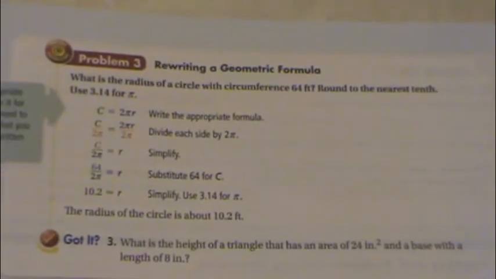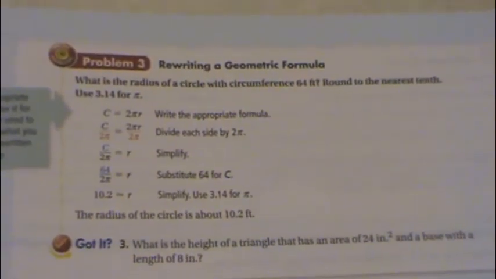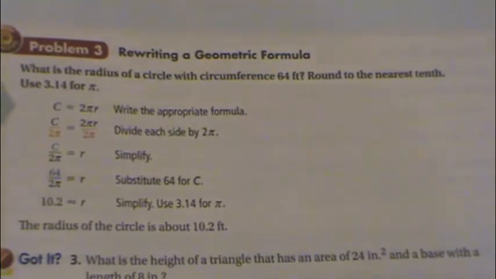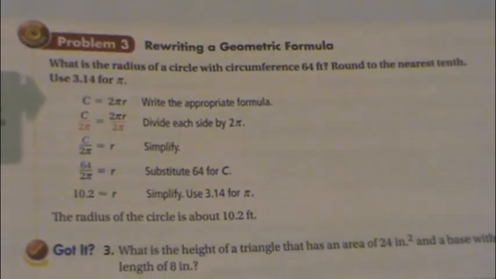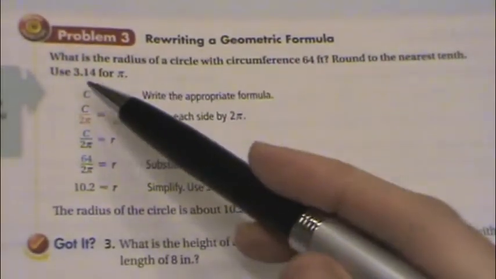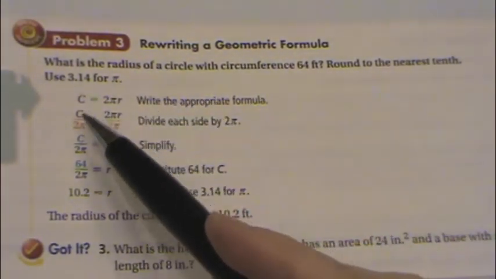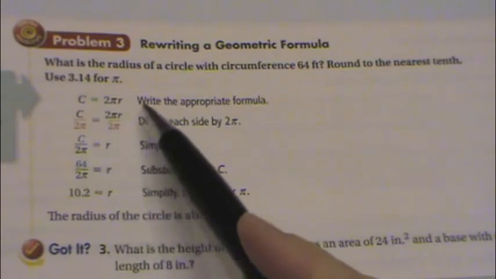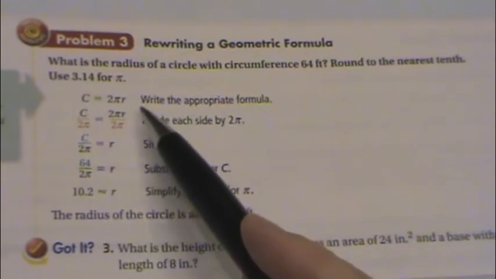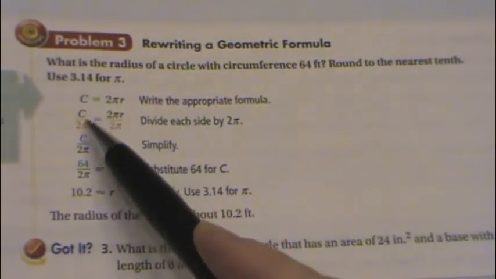Go to the top of page 111. What is the radius of a circle with a circumference of 64 feet? Round to the nearest tenth, and they give you an exact value to use for pi. So your first step, you must write the formula you're using. It's so easy. Don't goof it up.